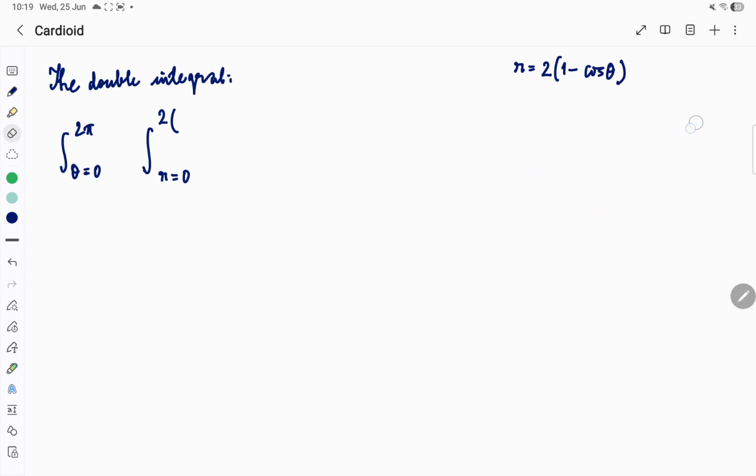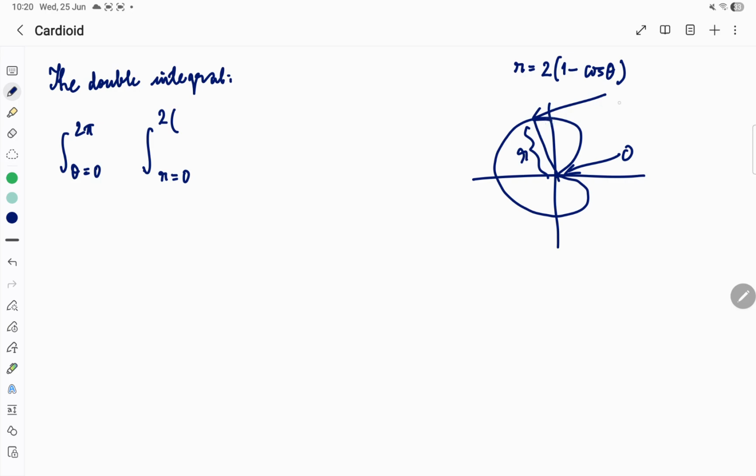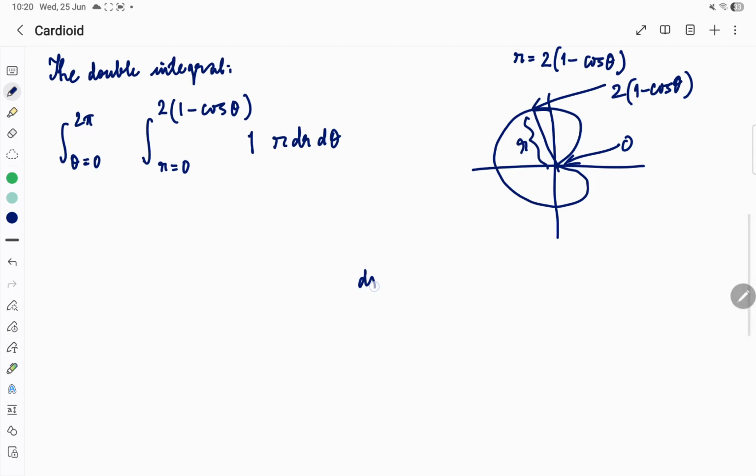Now I know that this is a nice shape, but even if I didn't know the shape, I could have calculated like this. If this distance is r, r goes from 0 to 2 into 1 minus cos theta. We are just calculating the area, so it is 1 and r dr d theta. Now r dr d theta comes from the Jacobian of transferring to polar coordinates, like dx dy.